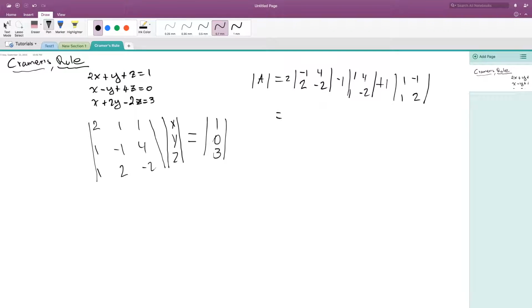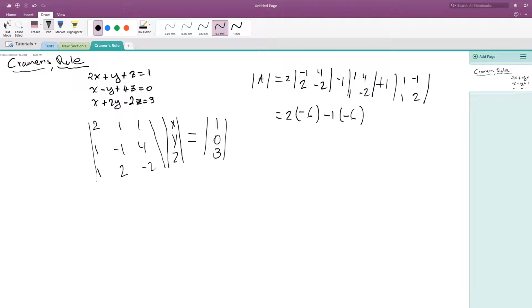Here we have 2 inside: -1 times -2 is positive 2, 2 times 4 is 8, so 2 minus 8 is -6. Minus 1: inside we have 1 times -2 is -2, 1 times 4 is 4, so -2 minus 4 gives us -6 again.